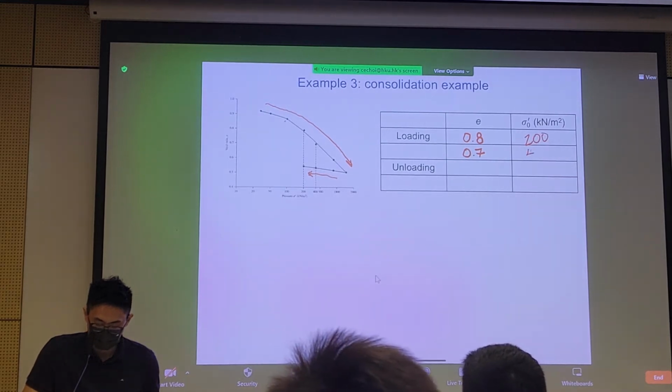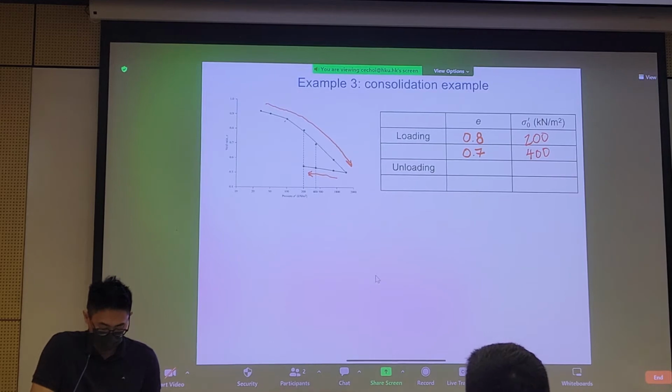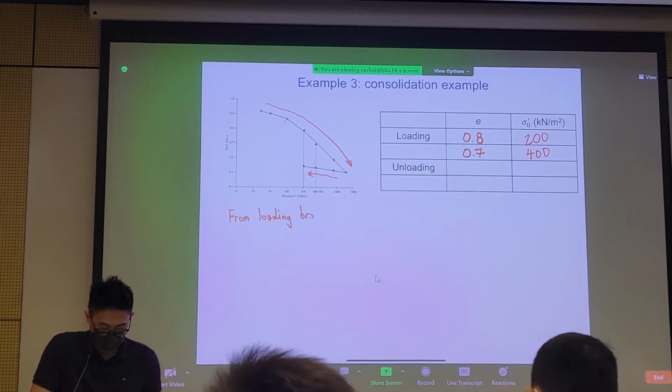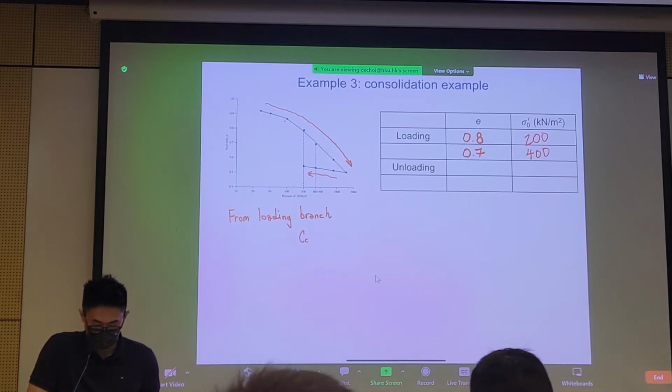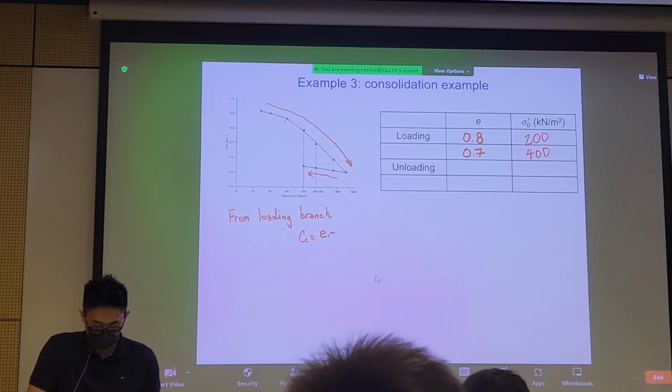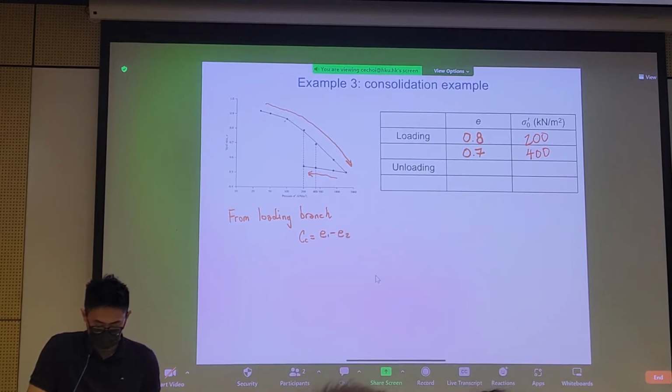So you can arbitrarily pick these values from our loading branch. We can borrow the equations from the previous slide, but we won't need to do that because we're just calculating the slope.